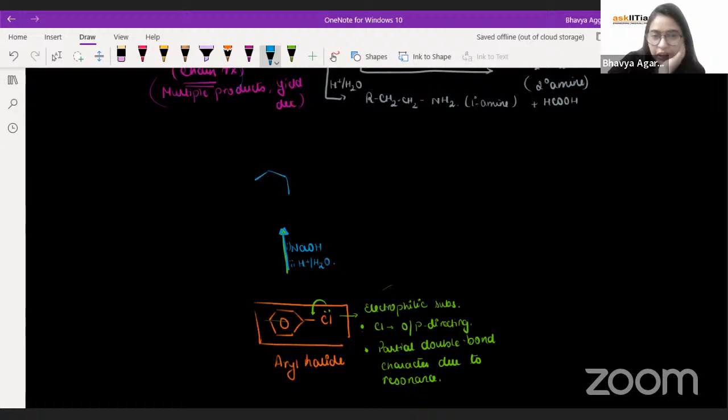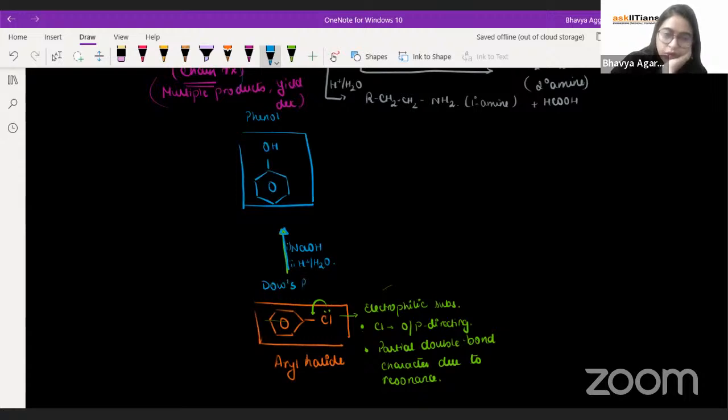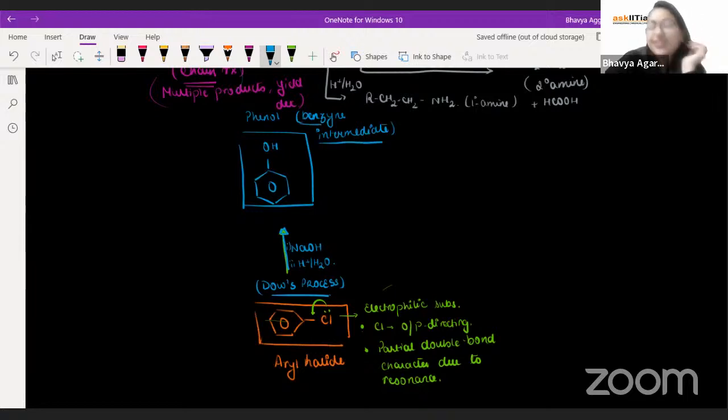In this part of the reaction, I will get phenol. This is a name reaction, Dow's process, and it occurs via a benzyne intermediate. It's a nucleophilic substitution, but it occurs with a very different mechanism incorporating a benzyne intermediate.